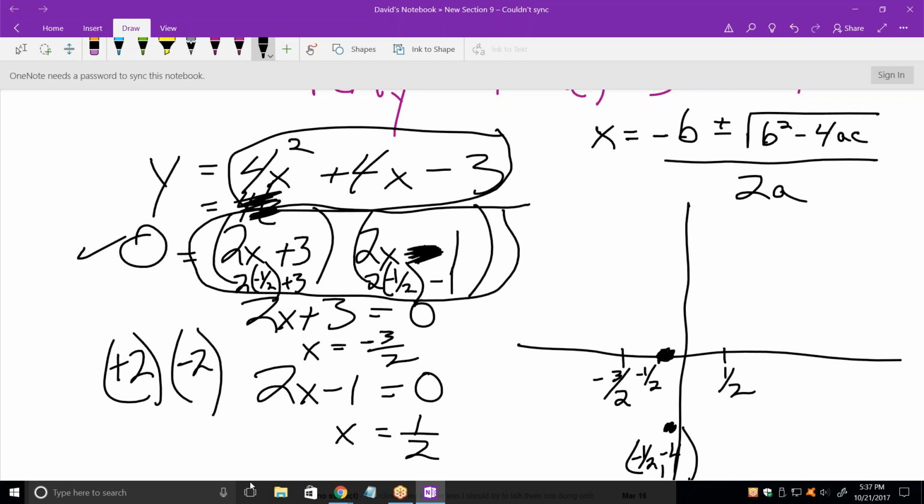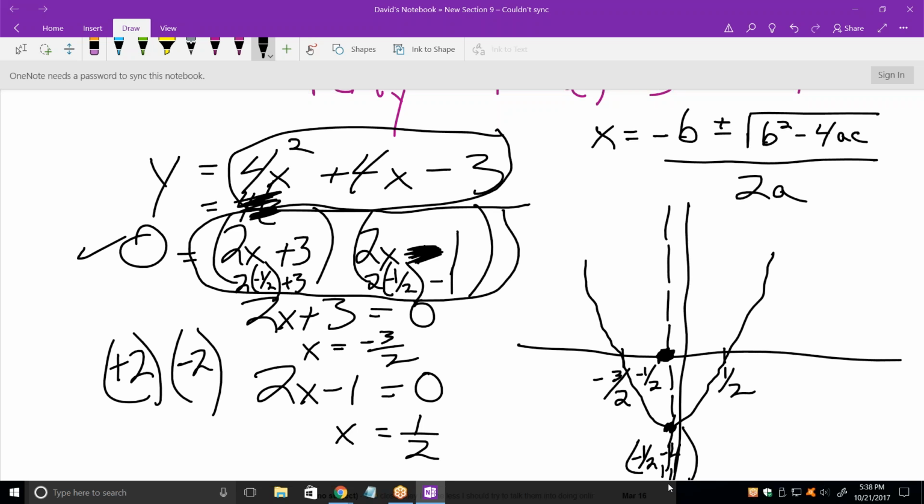Okay, so now I know how to graph it. There's only one way to graph it. It's got to go through the vertex, it's got to be a parabola, and it's got to go through both x-intercepts. And if I want my line of symmetry, you usually use a dotted line, because you don't usually see the line of symmetry.